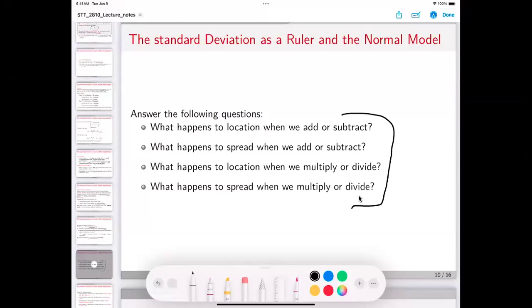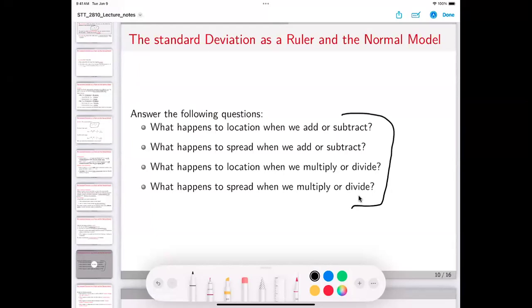So now let's answer, what happens to location when we add or subtract? Does it change or doesn't change? Everybody, what happens to location when we add or subtract? Changes, good. What happens to spread when we add or subtract? Good. What happens to location when we multiply or divide?